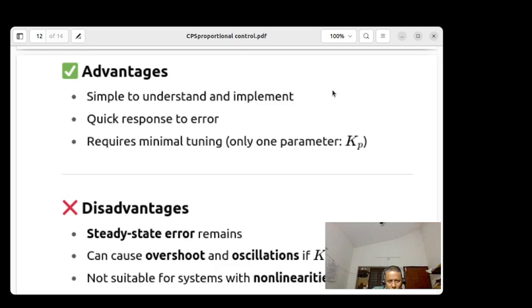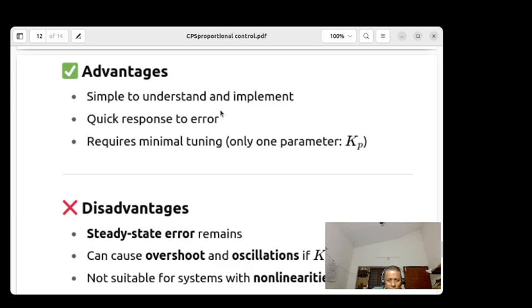We have to put Kp. That means Kp can be the gain of your operational amplifier, set by an inverting or non-inverting amplifier, or if you are using a digital system, you can simply put a value for this Kp in your computer.